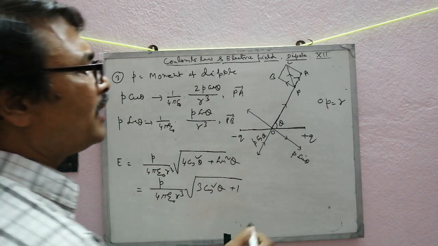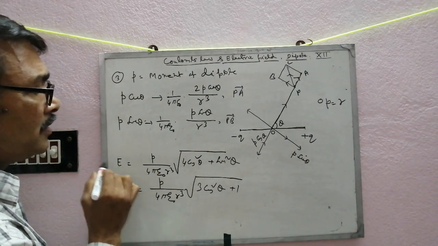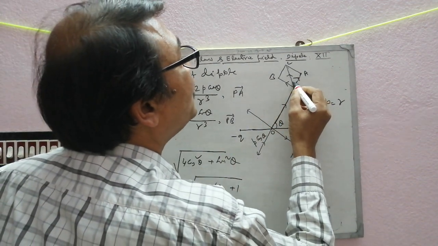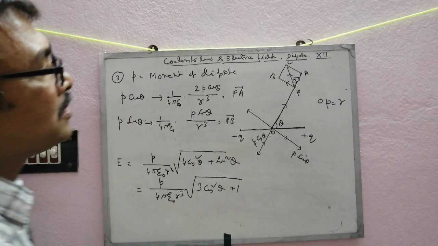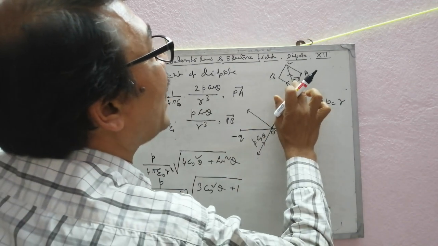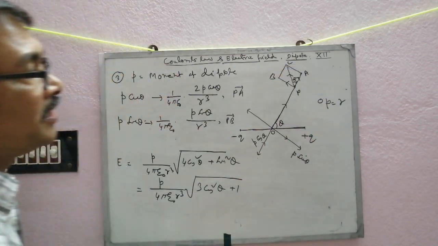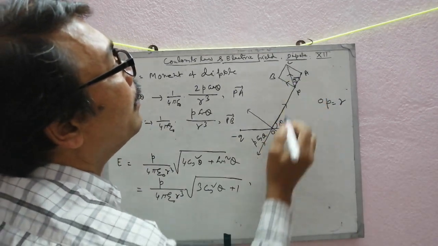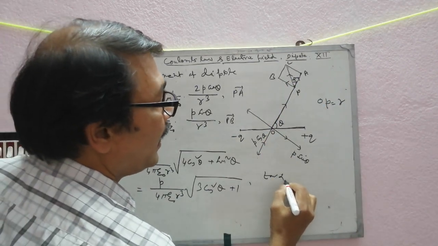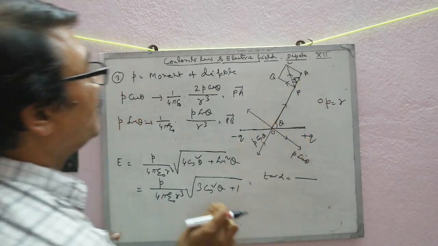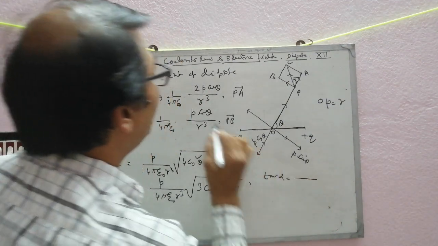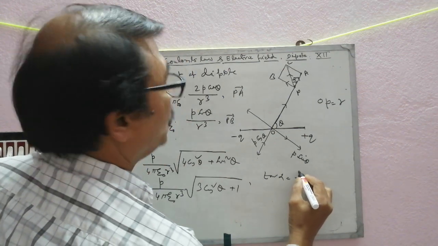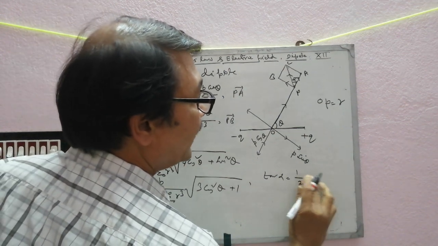Clear? Now, what is the direction of the final electric field? Suppose this direction is alpha. The direction of the electric field makes angle alpha with the PA direction, with the direction of R. So from here, tan alpha equals half tan theta.